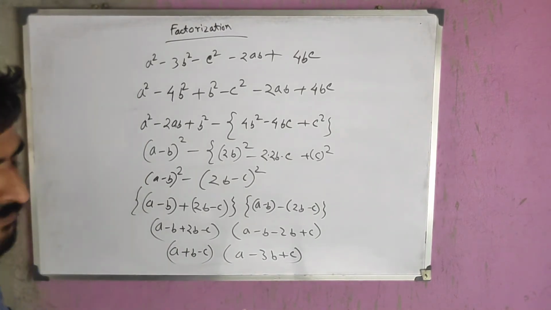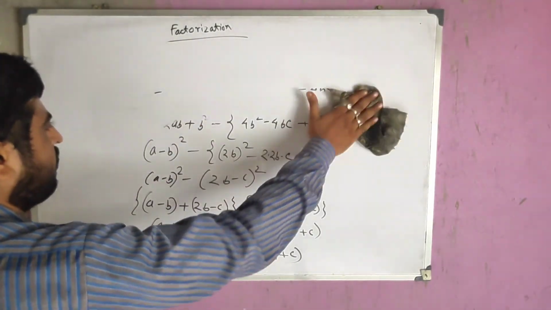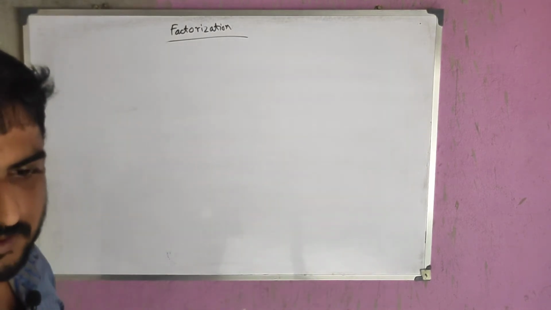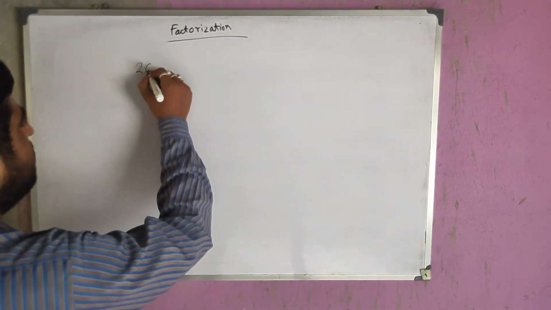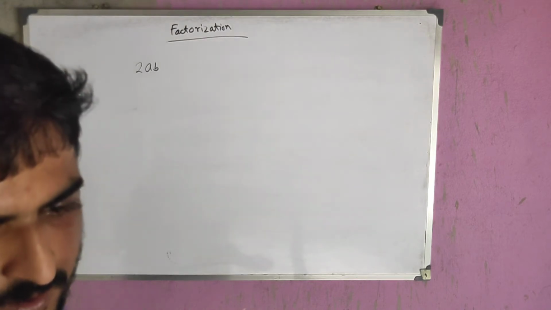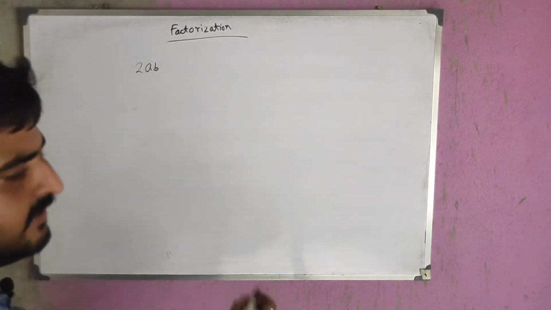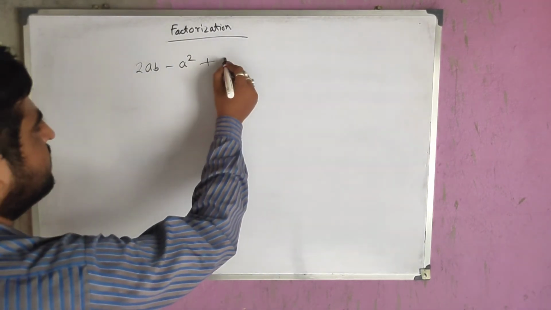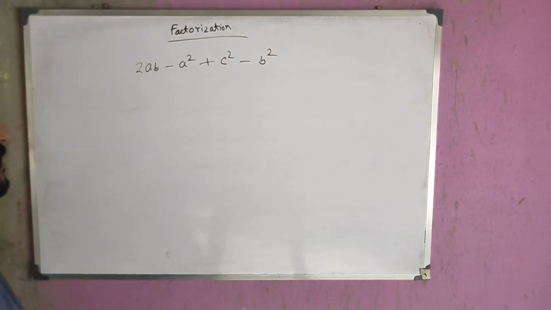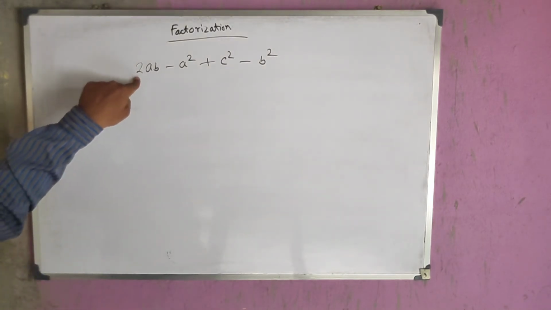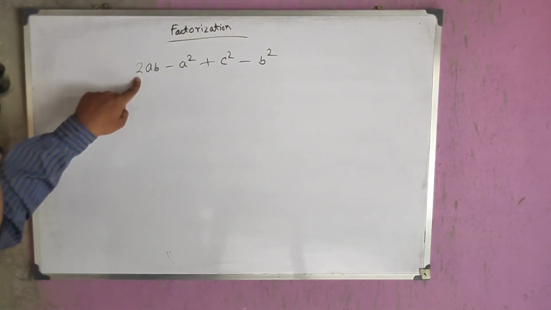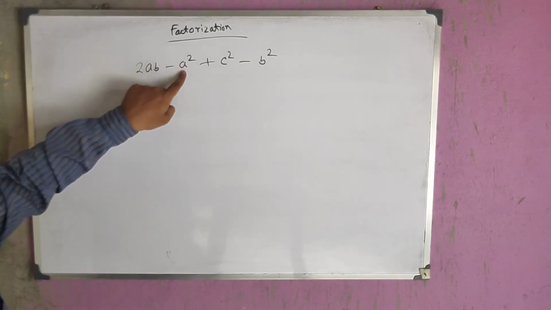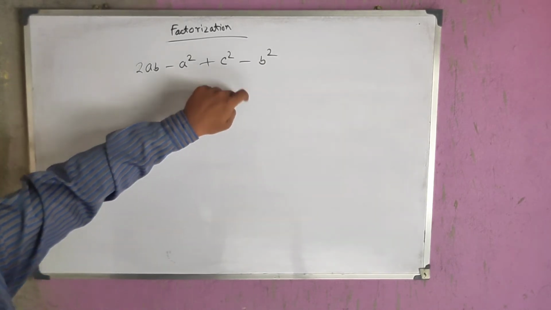Next sum. 2ab minus a square plus c square minus b square. So you can see, by seeing 2ab we can understand which two square terms we have to take with this 2ab. Now a square and b square, here you see before a square and b square there is minus and c square is plus.